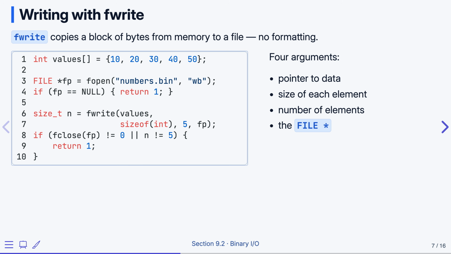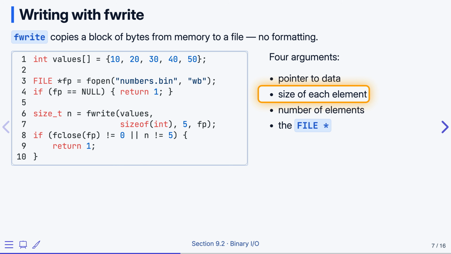This is fwrite. It copies a block of bytes from memory straight to a file with no formatting at all. We have an array of 5 integers. We open numbers.bin in binary write mode, wb, and check for null. Then fwrite takes 4 arguments. First, the pointer to the data, which is the array.